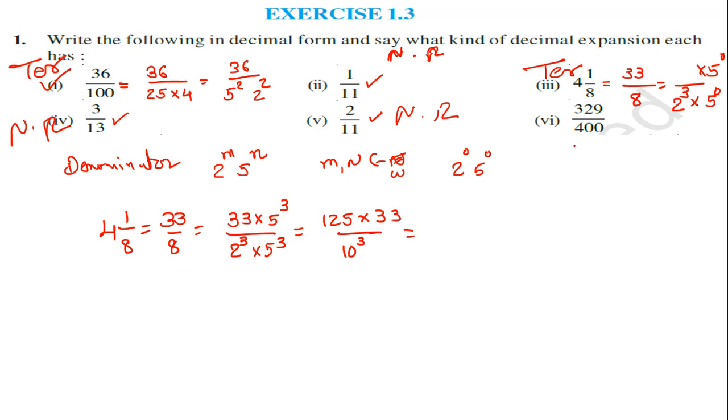And for 400 we have to check. Yes, that also we can write now. 400 is equal to 100 into 4, so 25 into 4 into 4. So 5 raised to 2 into 2 raised to 4. So 2 power and 5 power is there. So this is also terminating.